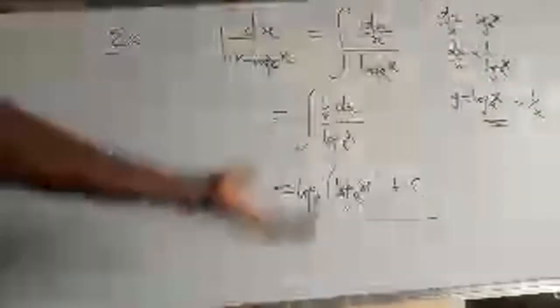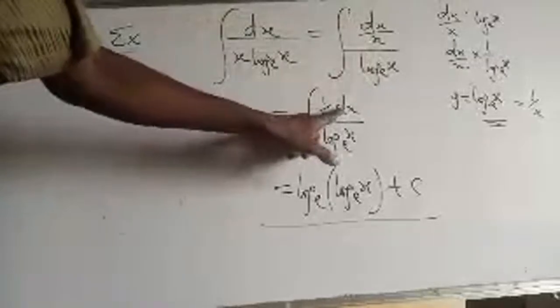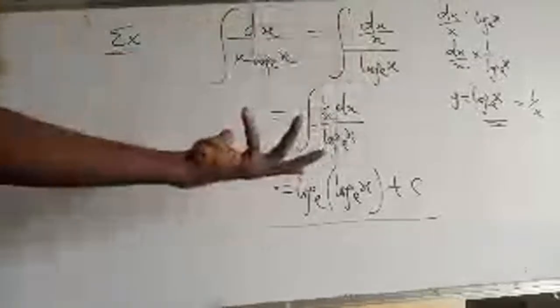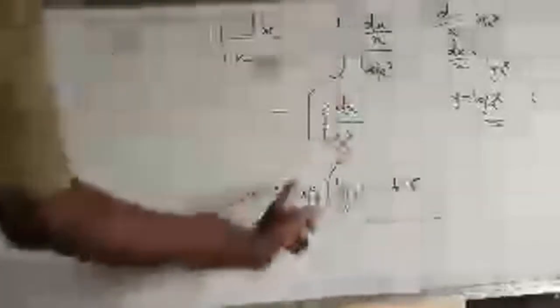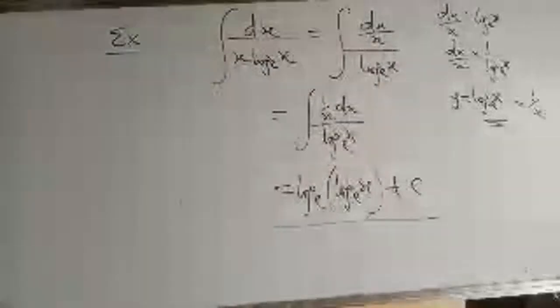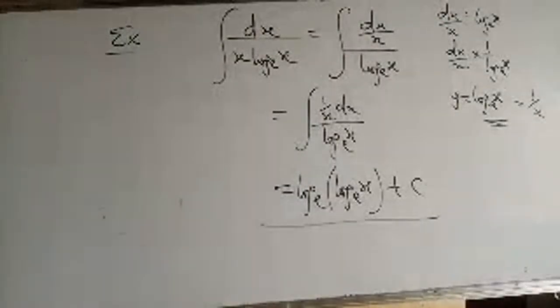And the rule says that dx over x is the same as 1 over x dx. Now, the rule says that anytime you differentiate what you have as denominator, if it gives you the value of the numerator, you write ln of that denominator. So the ln is log base e of what you have as your denominator.